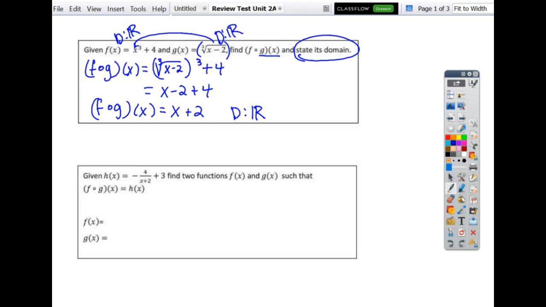Given h(x) = −4/(x + 2) + 3, find two functions f and g. So that means we need to figure out the second one that goes into the first one. So the first one we always start with is the parent function. And I know that the parent function is 1 over x.